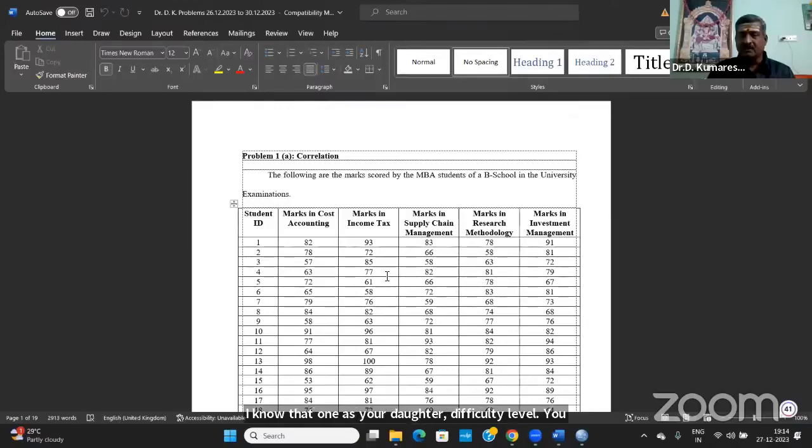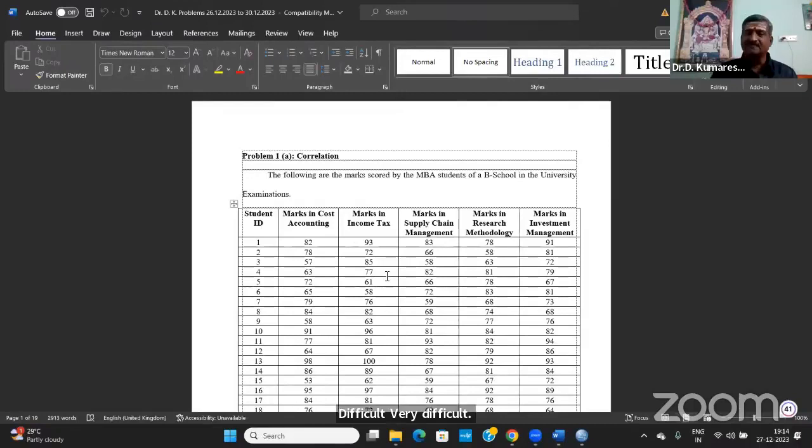You are classifying or categorizing the level like very easy, easy, moderate, difficult, very difficult.